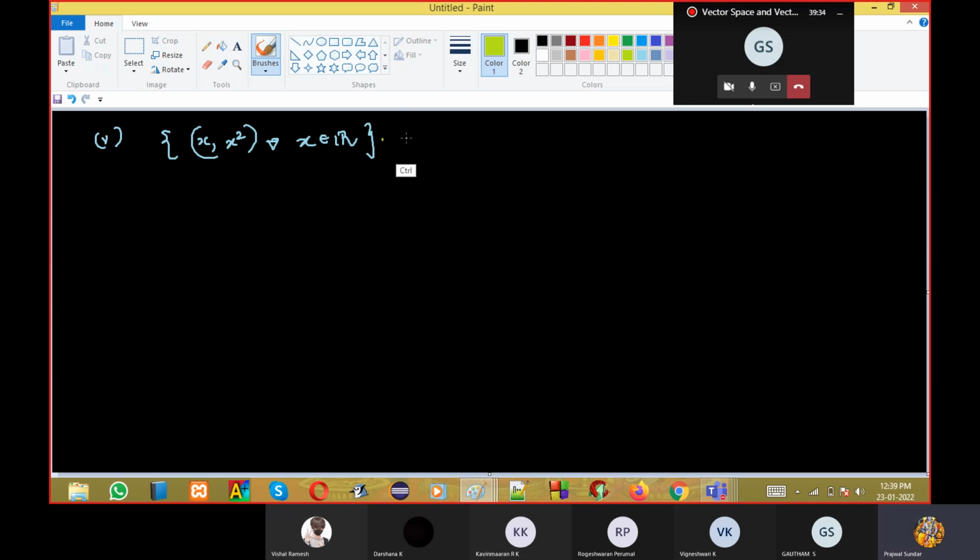Observe geometrically, this is y equal to x squared. This is a parabola. Please verify if this is a vector space or not. Someone fast, give me the answer.